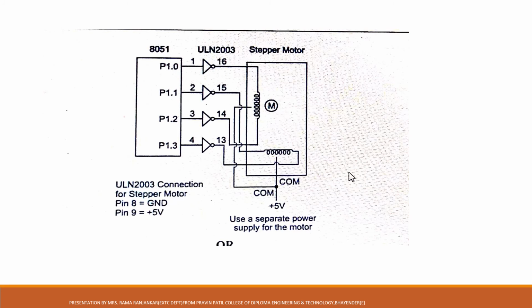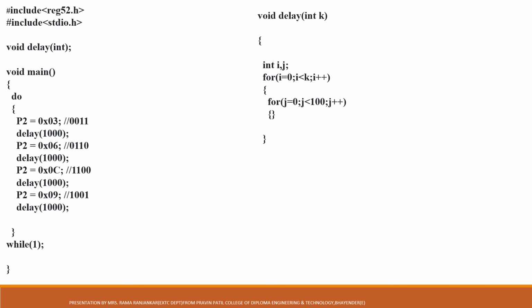Okay. Now this stepper motor has 2 windings as shown in the figure. Now we have to rotate the stepper motor either in clockwise direction or in anti-clockwise direction.